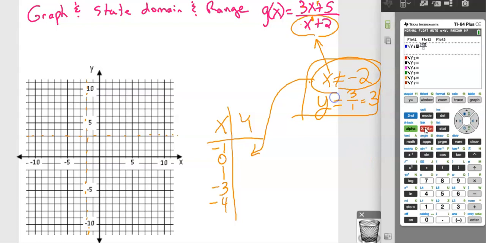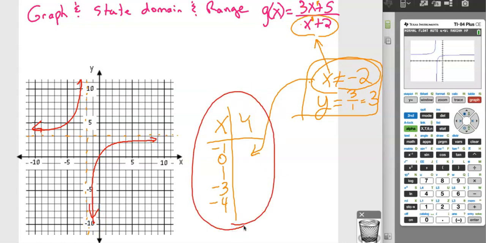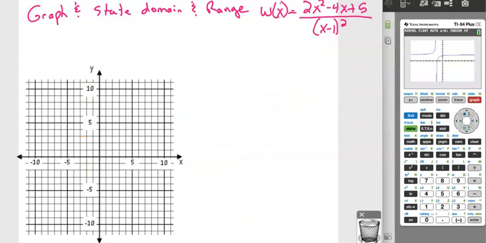But if you want to use your calculator, 3x plus 5, and then x plus 2, and then you can just simply push graph, and you can see that the function is going to look like this. But again, without a calculator, you can just simply plug in numbers that are based off of the vertical asymptote. Let's look at another one.